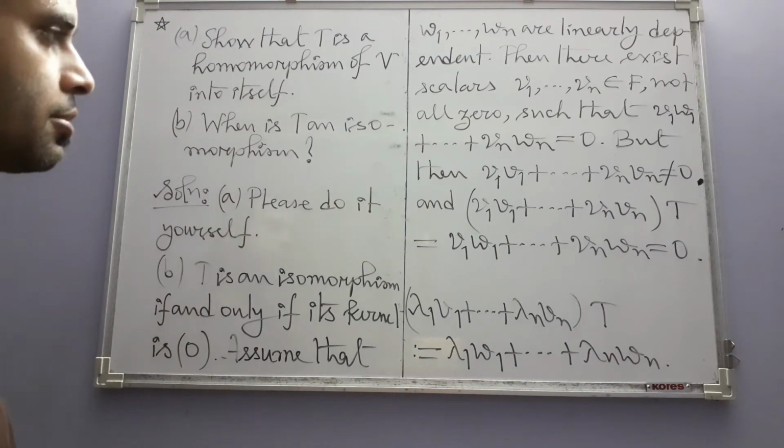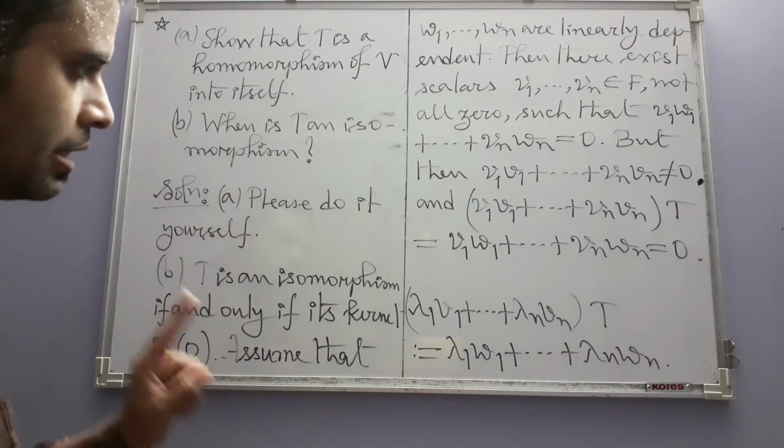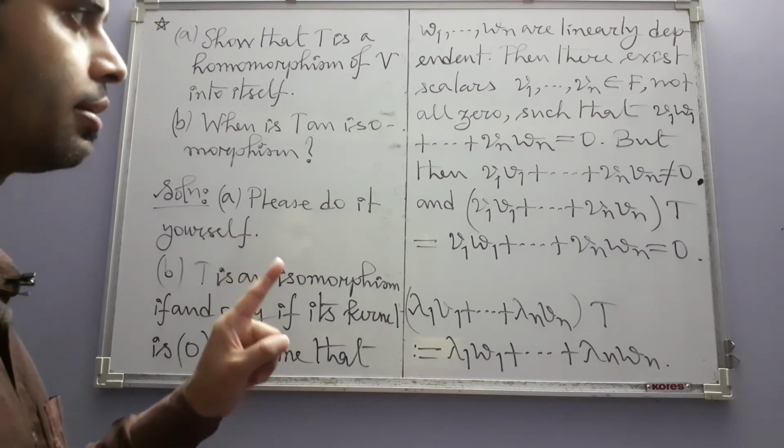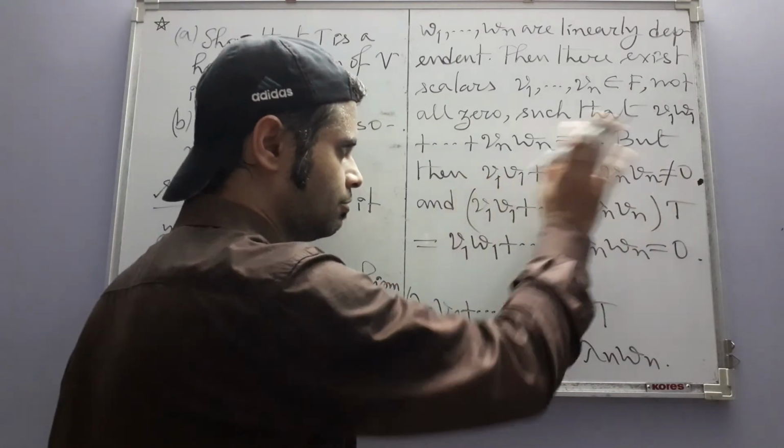So that means if the wi's are linearly dependent, then the kernel of T has a non-zero vector.